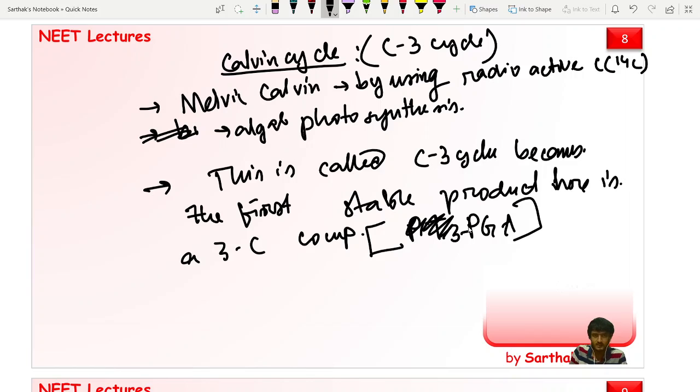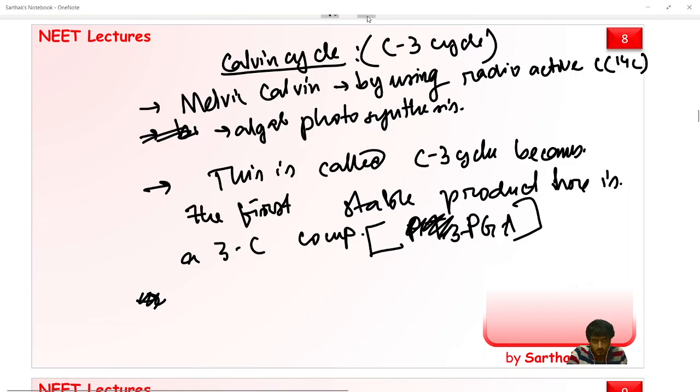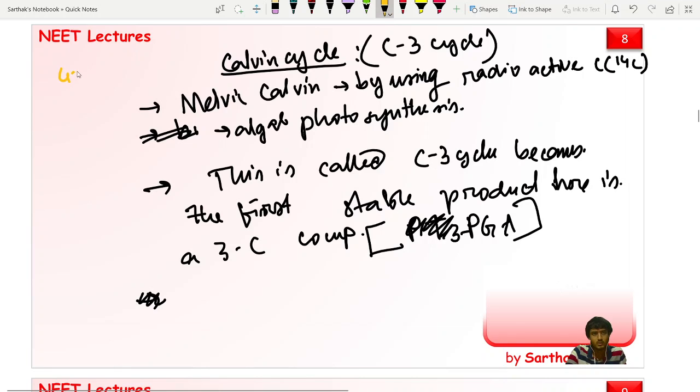An interesting thing here is that there are some plants in which the first stable product is a 4 carbon compound, and the cycle in those plants is known as the C4 cycle.